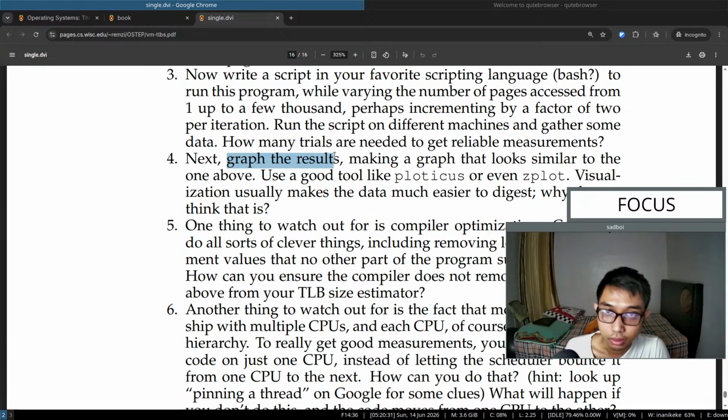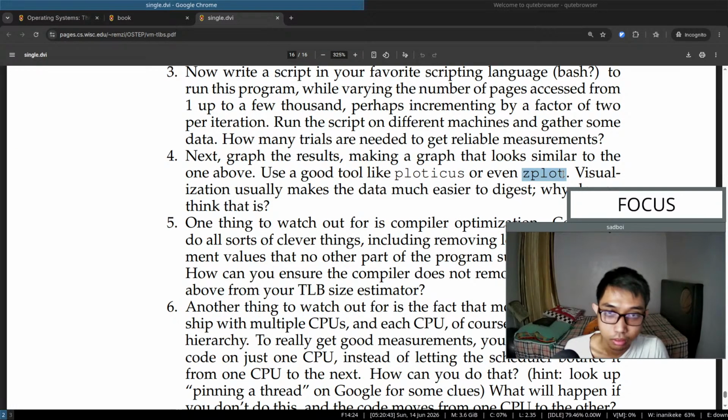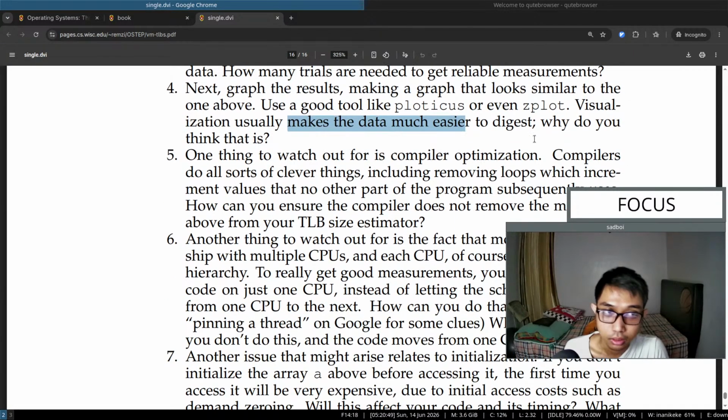Next, grab the result, making a graph that looks similar to the one above. Use a good tool like Ploticus or Zplot. Visualization usually makes the data much easier to digest.